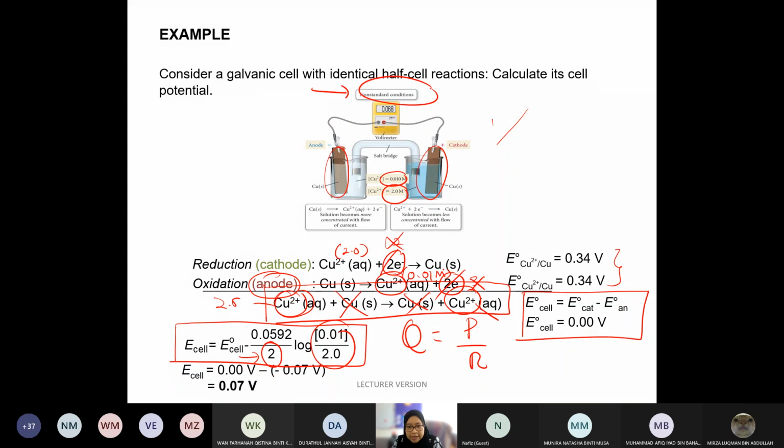This one is 0.01 molar. Baru you masukkan P over R. Product over reactant. So you ada copper 2 plus 0.01 molar as your numerator, your denominator should be 2 molar. Dah. Boleh selesaikan, tekan saja calculator, then you get your E cell. Okay.